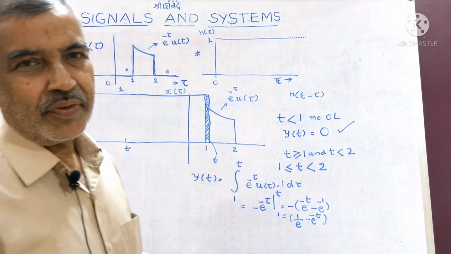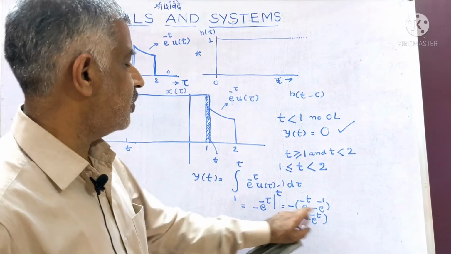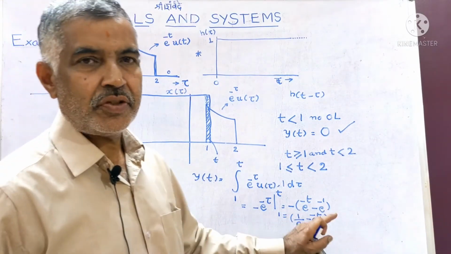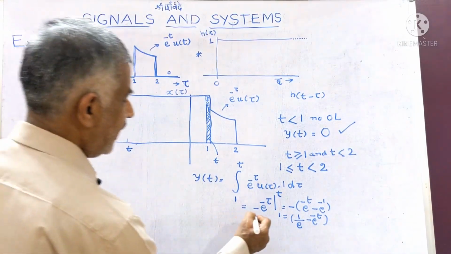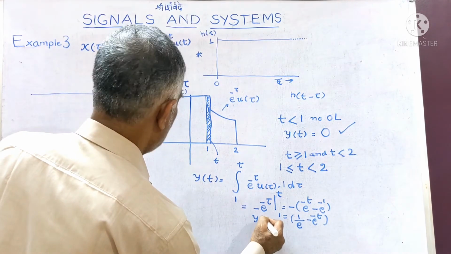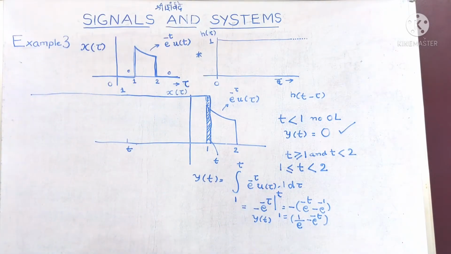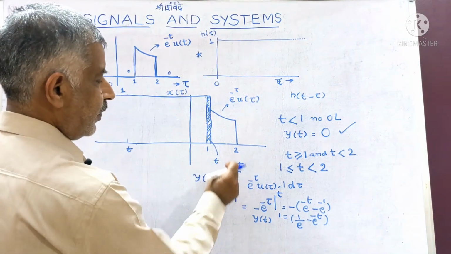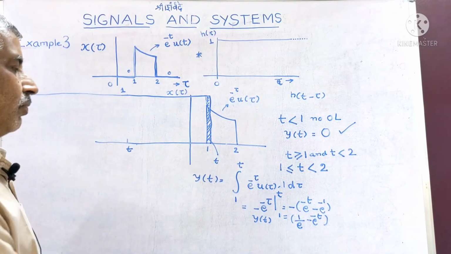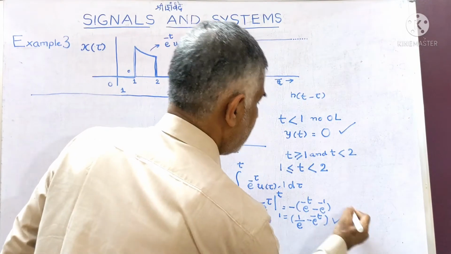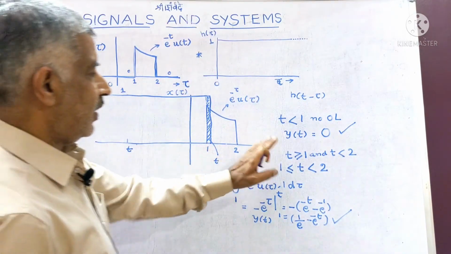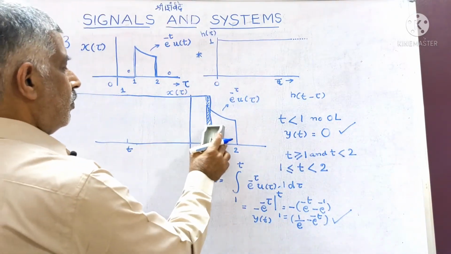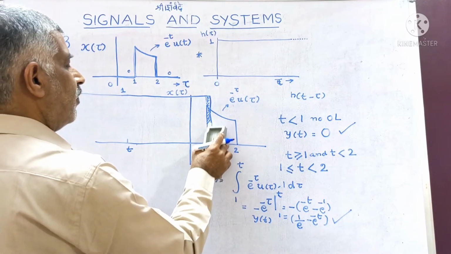Now in this problem it is very difficult to sketch this. So just write the expression. Okay, this is yt. This is yt between the edge 1 and t. Now earlier what the waveform was here.